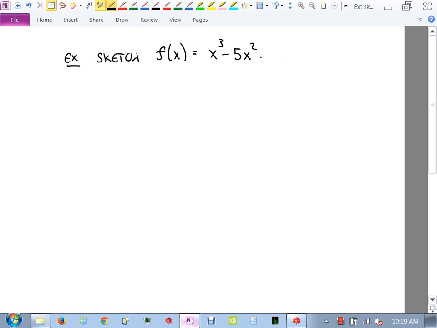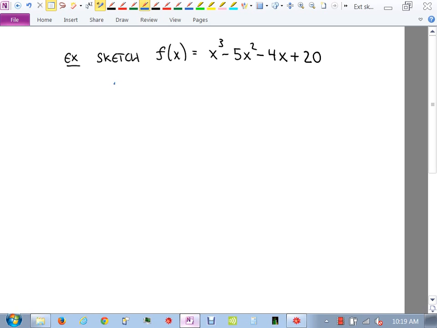Let's make it x cubed minus 5x squared minus 4x plus 20. Let's say I wanted you to sketch that, okay? I'm not giving you the steps for sketching yet. I'm just getting you to think about this. What can you tell me so far about this?